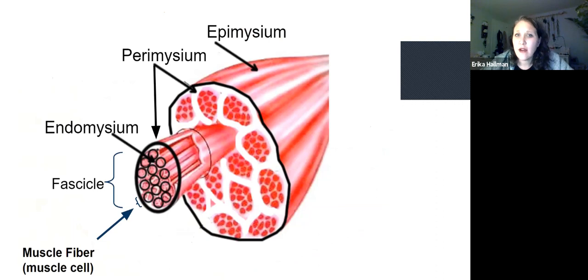Each fascicle layer is connected and kind of contained by a layer of tissue. So the layer of tissue on the outside of the muscle is called the epimysium, and then the perimysium and the endomysium. The fascicle would be those little collections of fibers on the inside.